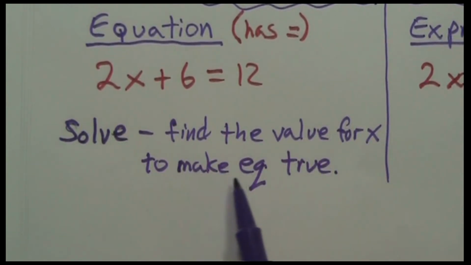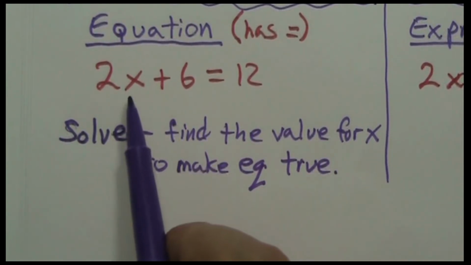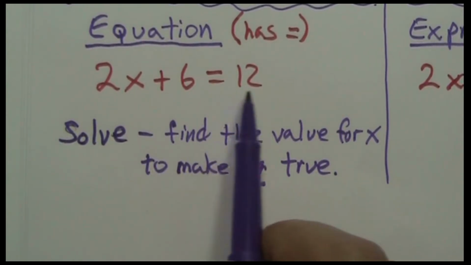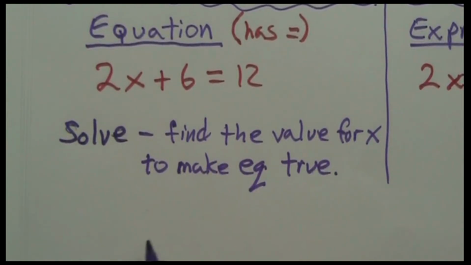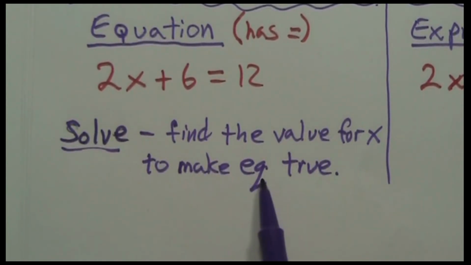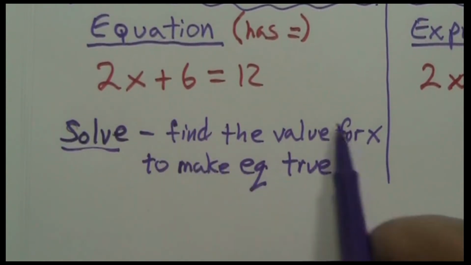Find the value for x to make the equation true. In other words, what number is this supposed to be to make this left side equal to 12? That's what solve means. Actually, it should be solve for variable, but in this case, it's just x.